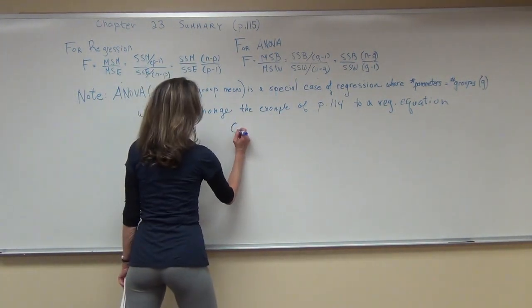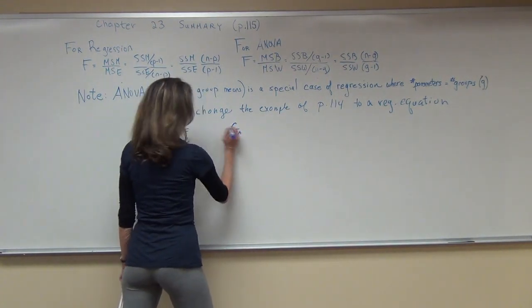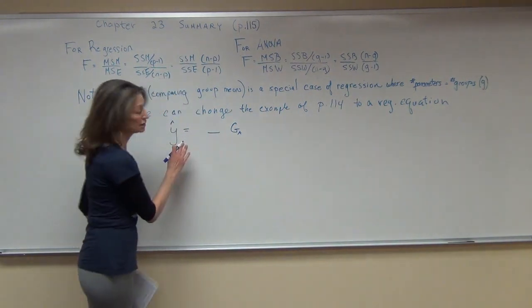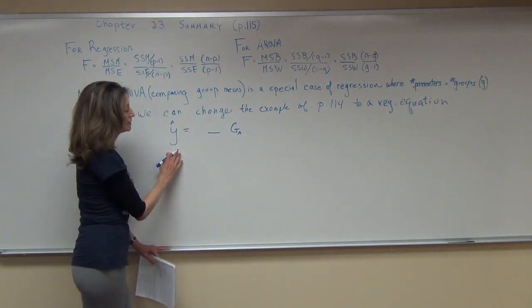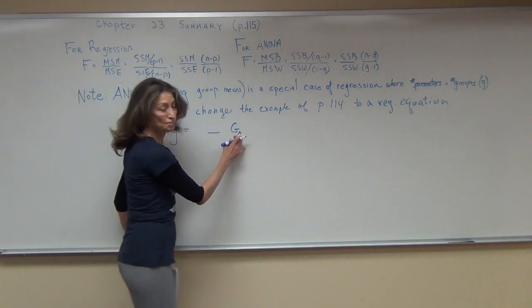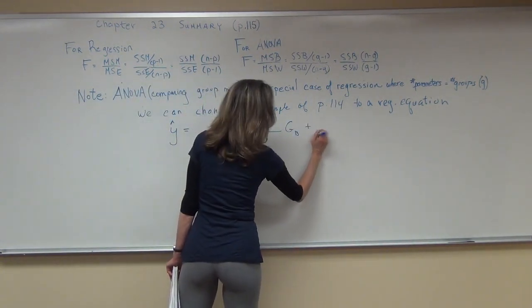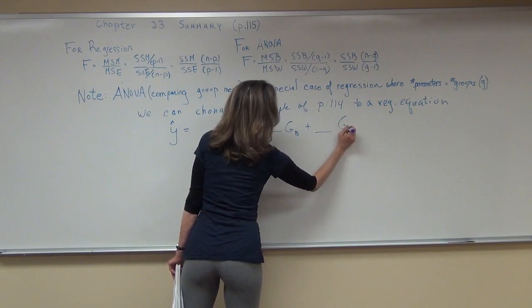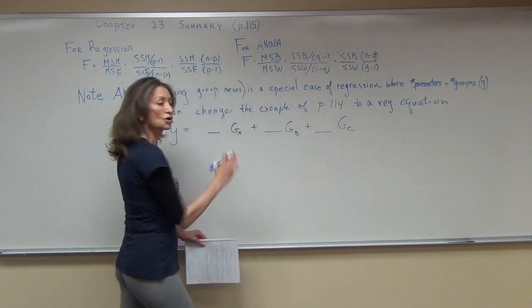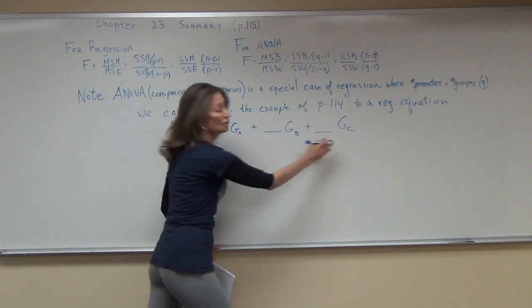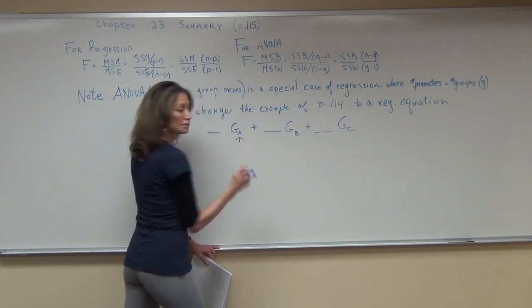Our predicted response, Y, is equal to some slope times group A, plus some slope times group B, plus some slope times group C, where these are each binary variables. So what would this be?